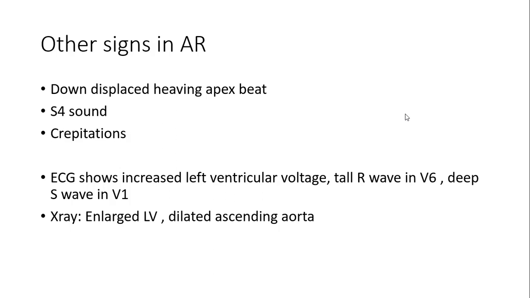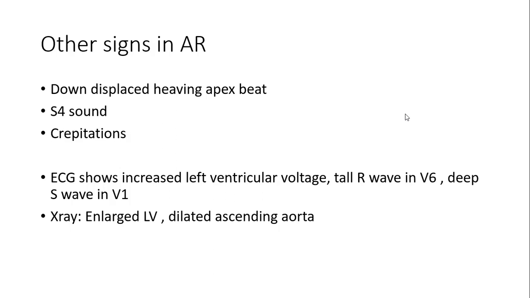This sound is heard due to the stiff left ventricle as the left atrium tries to pump blood into the stiff left ventricle. We can even hear crepitations due to venous congestion in the lungs. ECG shows increased left ventricular voltage, tall R waves in V6 and deep S waves in V1. On X-ray, we can see an enlarged left ventricle and dilated ascending aorta.